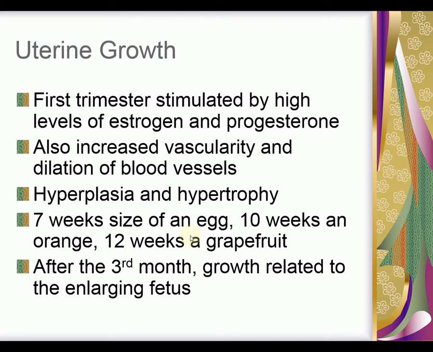By 12 weeks, it's as big as a grapefruit. And by the time you're into your 12th week, the uterus is rising up out of the pelvis, so it's actually becoming an abdominal organ.